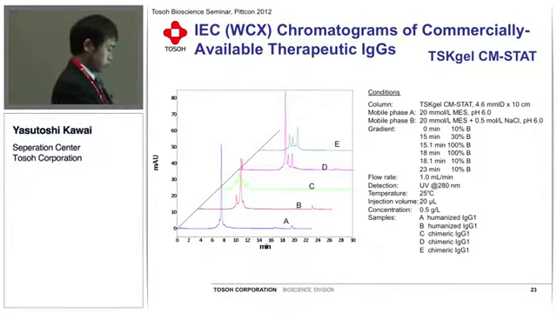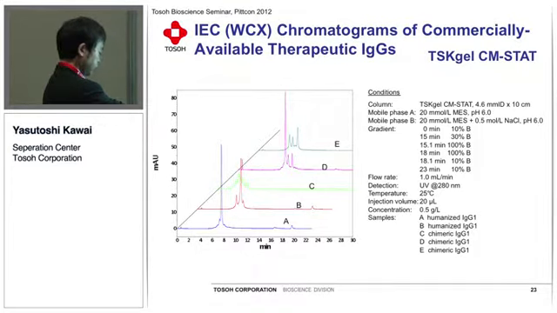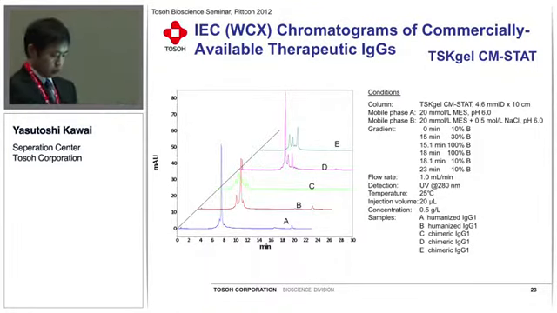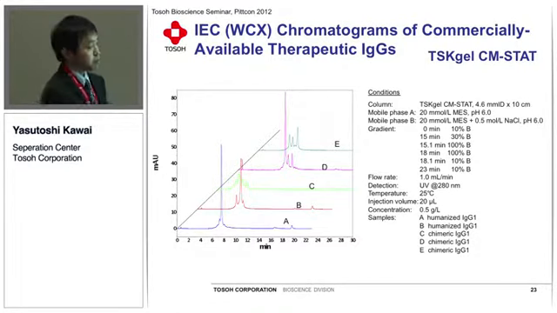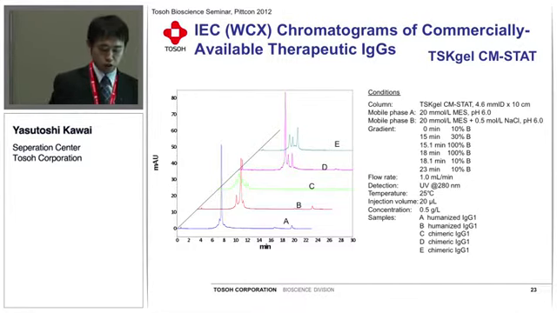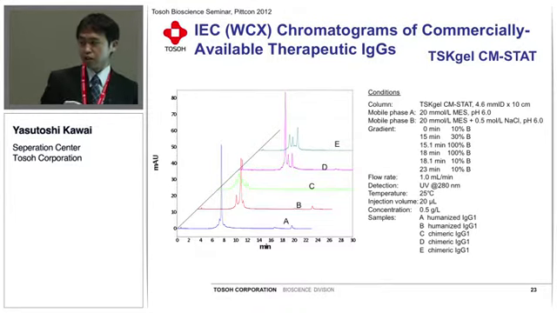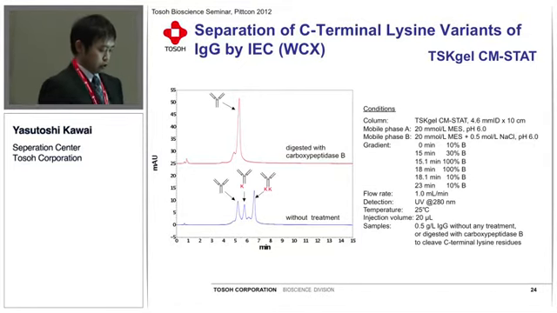Here you find that all 5 analytes were separated into a couple of peaks. Antibody E was studied further, as shown in the next slide.